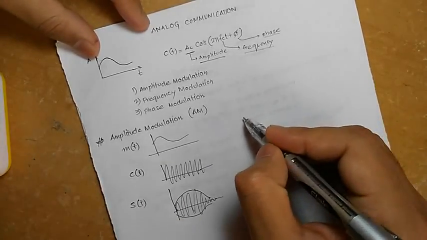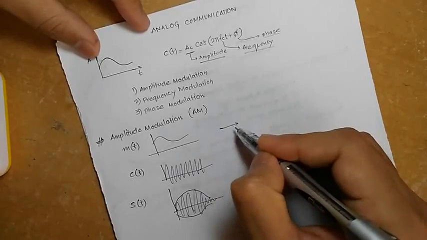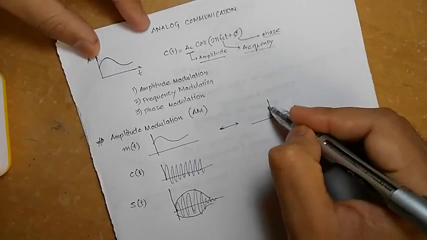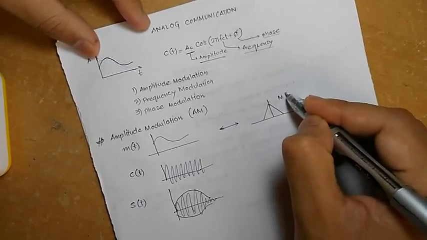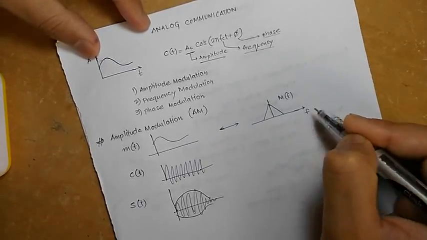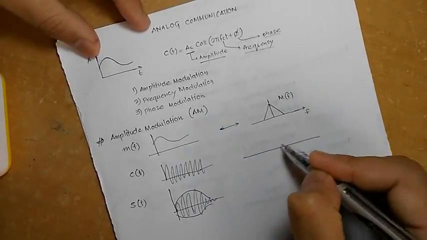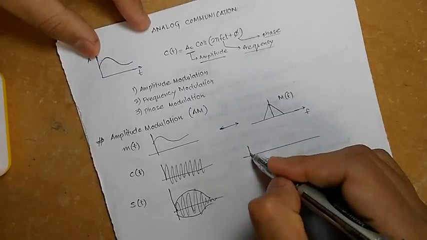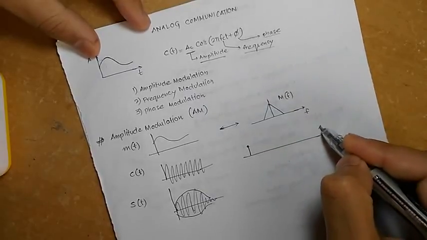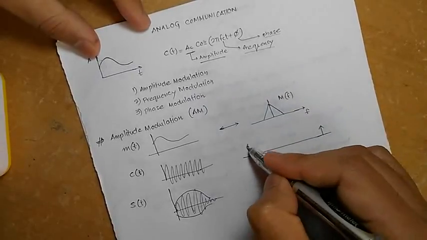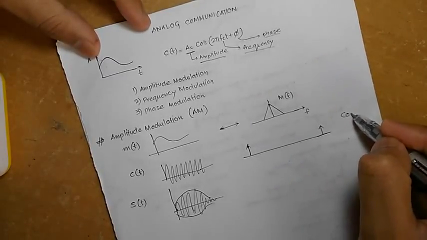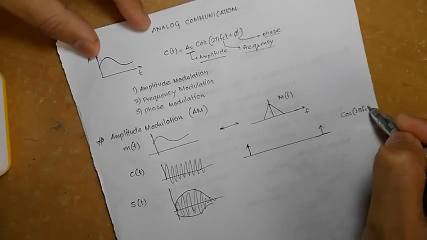If we see in case of frequency domain, suppose the m of t looks like this in frequency domain, and carrier signal is, as we can see, a high frequency signal. We can represent it as deltas at high frequency values for cos of 2 pi fct.